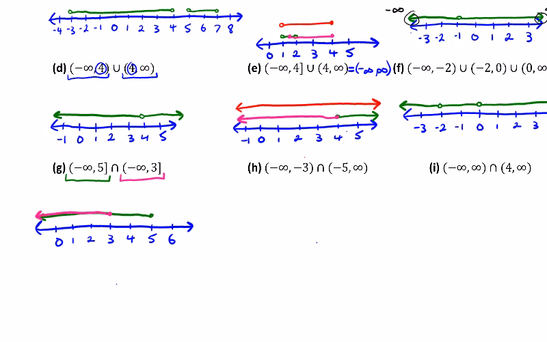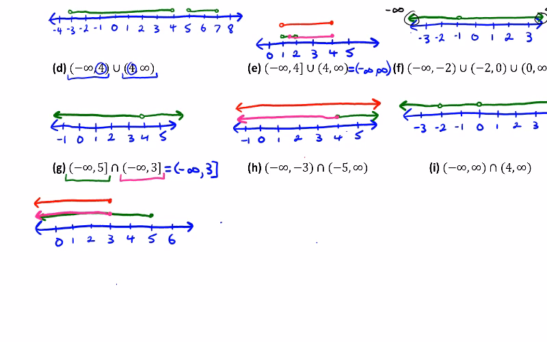So the intersection is not wanting all of the elements. It only wants the elements that these 2 sets share in common, and that's known as the overlap. So the overlap I'm going to draw in red is going to be all the real numbers up to +3. Everything that's less than +3, including +3.